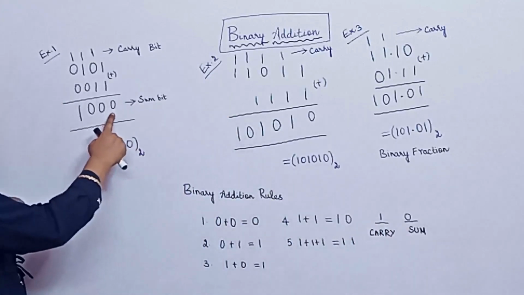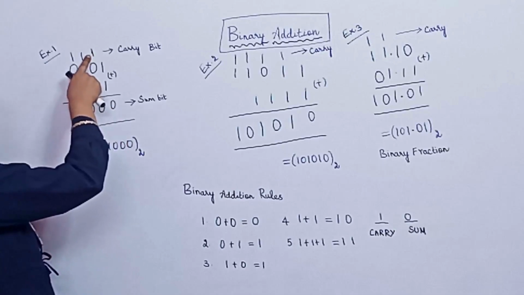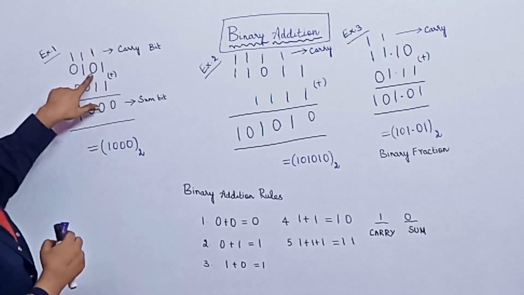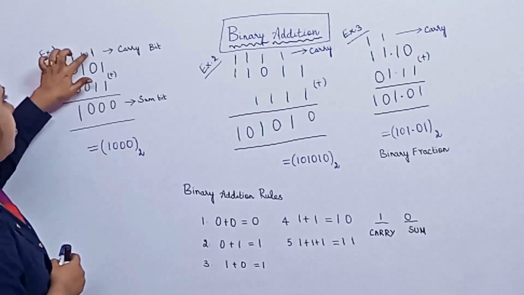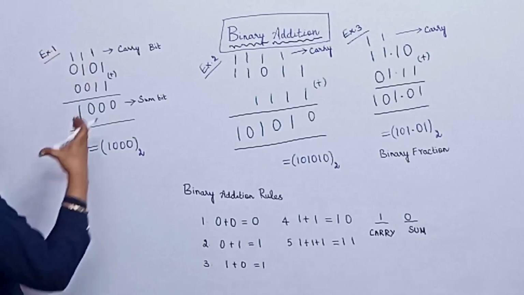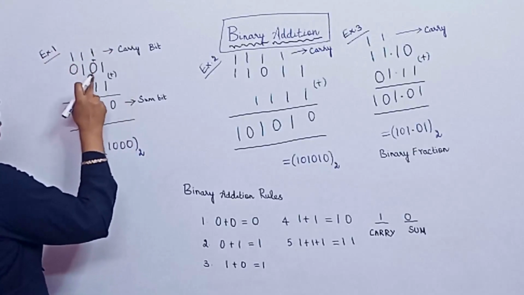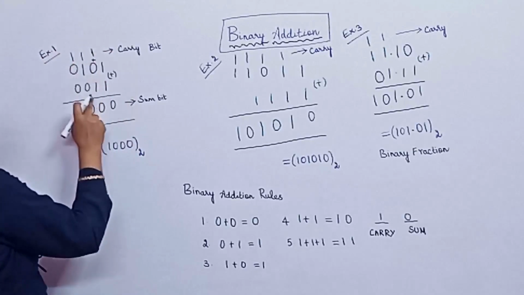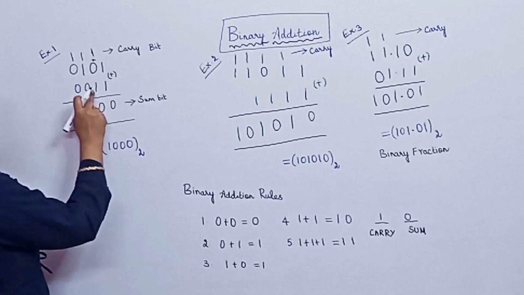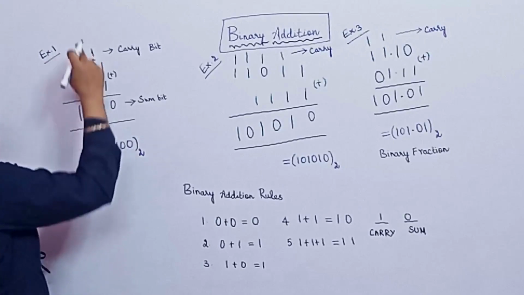The 0 is written here as the sum bit and the carry 1 is written above the next bit. Now for the second bit, we have to add the carry bit: 1 plus 0 plus 1. Again 2 occurs. So it is 0 here and carry 1 here.